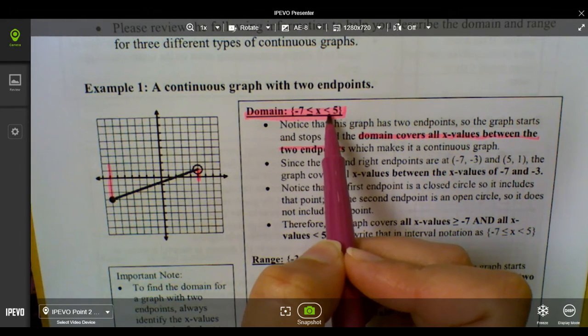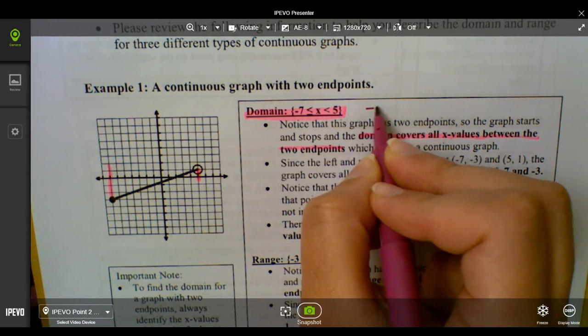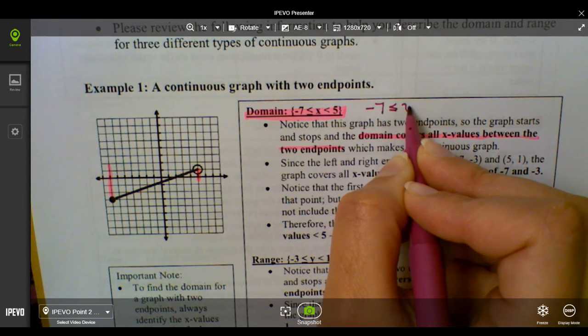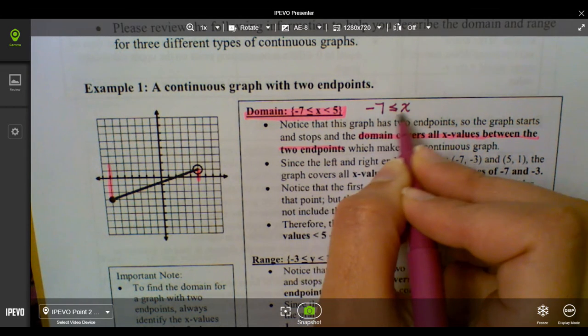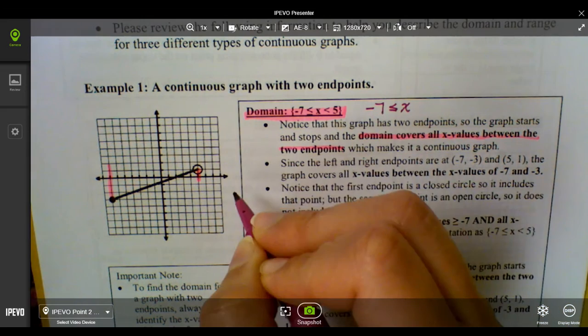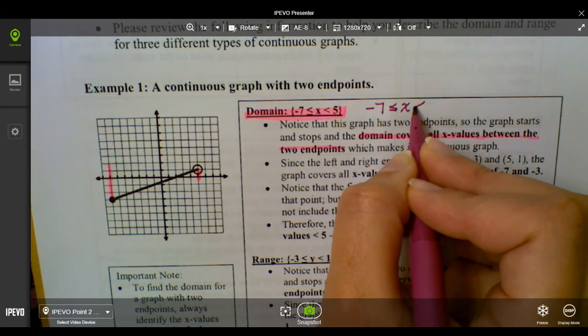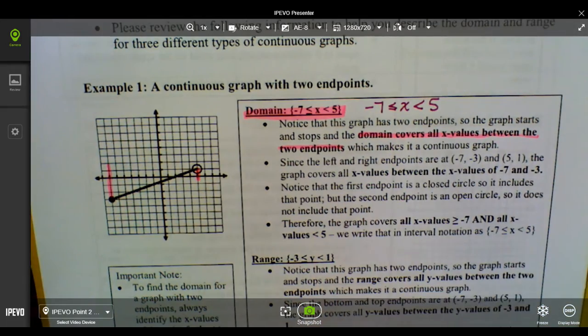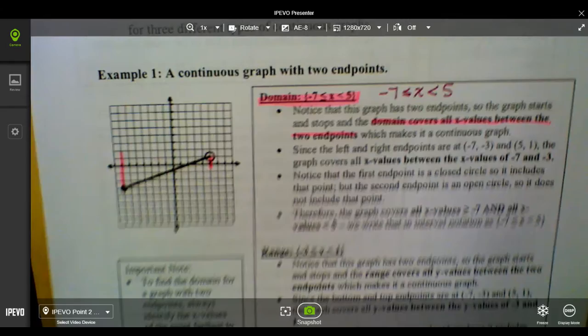So you'll notice over here, that is why there's no line underneath this inequality. So I'm just going to write it down one more time. x has to be greater than or equal to -7. Remember, the alligator's eating the x because it's got to be greater than that. But now it's just going to be less than 5. So that little line underneath it does mean something.